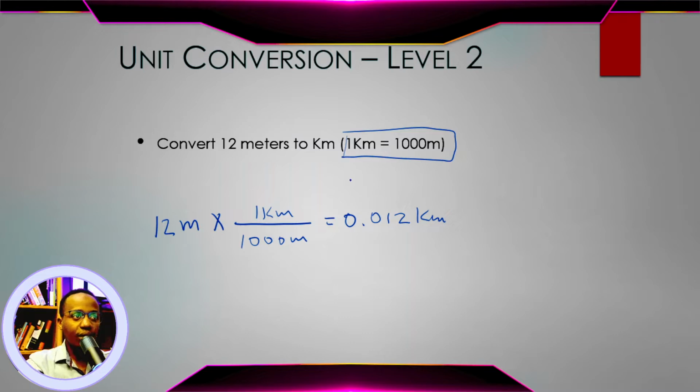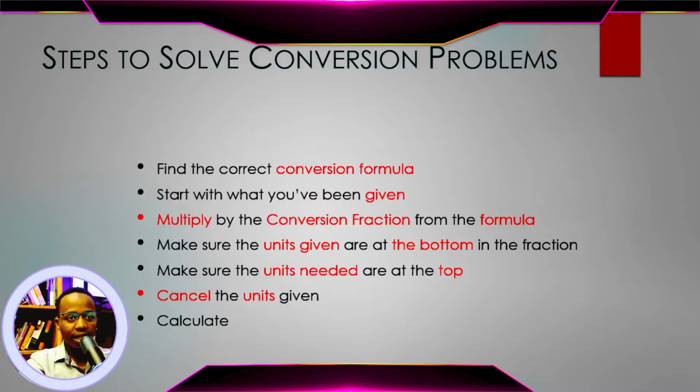All right. So you see that you have to use the same steps, but it's not always obvious, like, oh, I have to multiply or I have to divide. So that's why you have to use the same steps. And again, the steps I gave you: you find the correct formula, start with what you've been given, you multiply by the conversion fraction, and the conversion fraction comes from the formula, and you make sure that the units given are at the bottom, right?